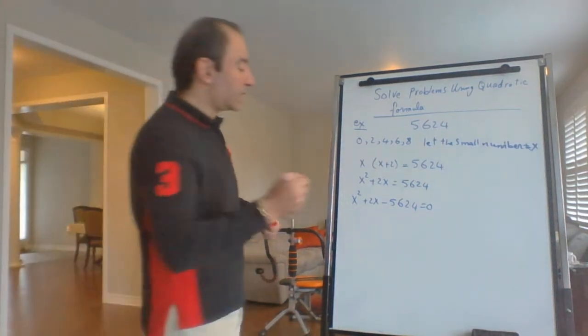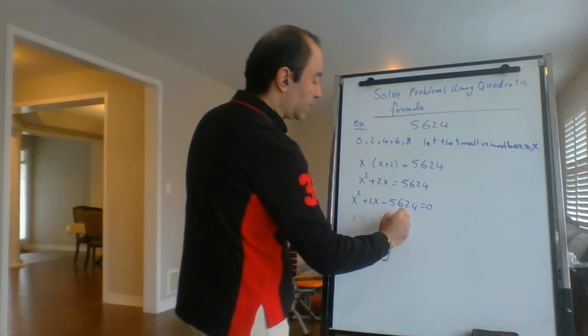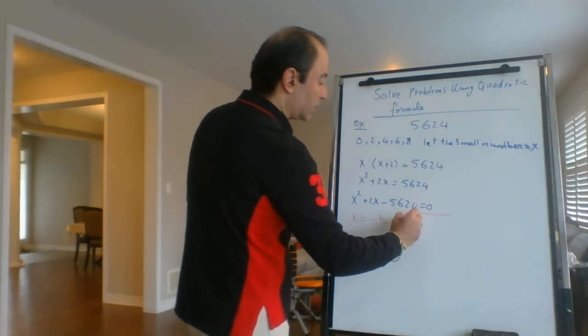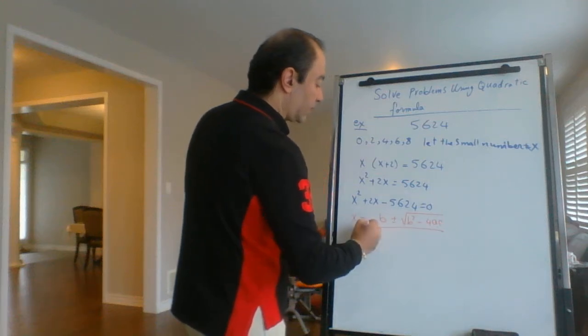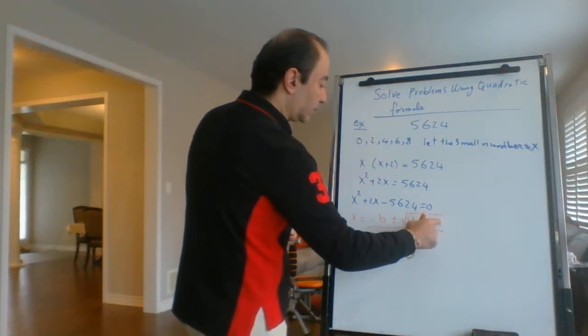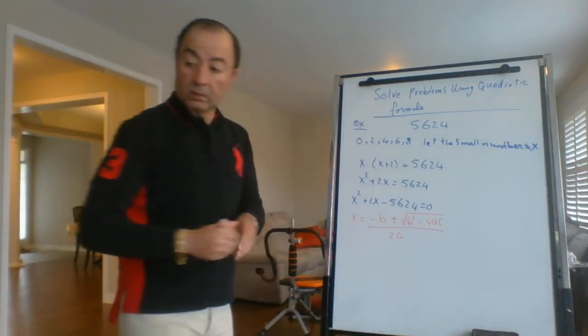The formula says x equals minus b plus or minus the square root of b squared minus 4ac, everything divided by 2a. And then I substitute.